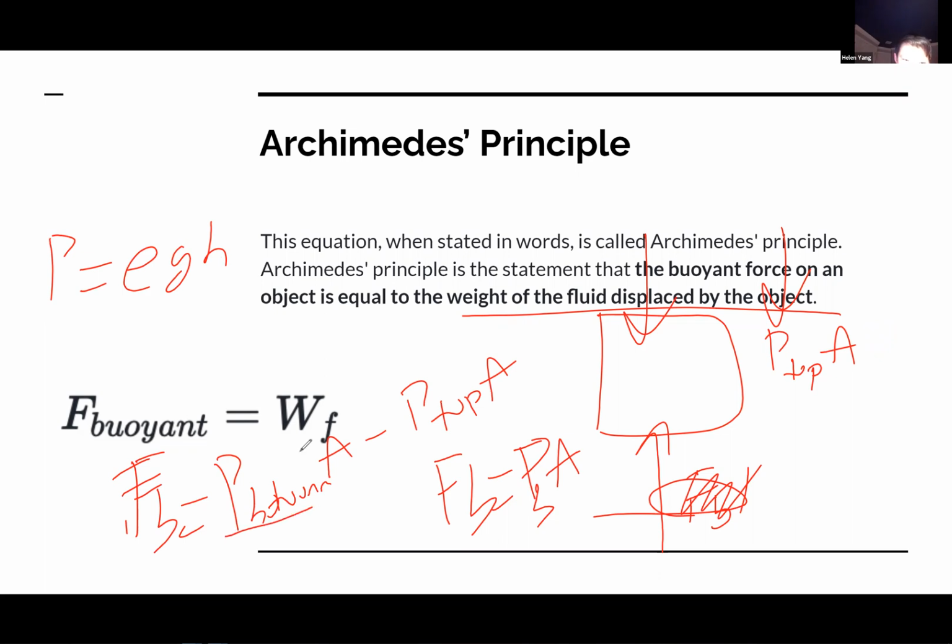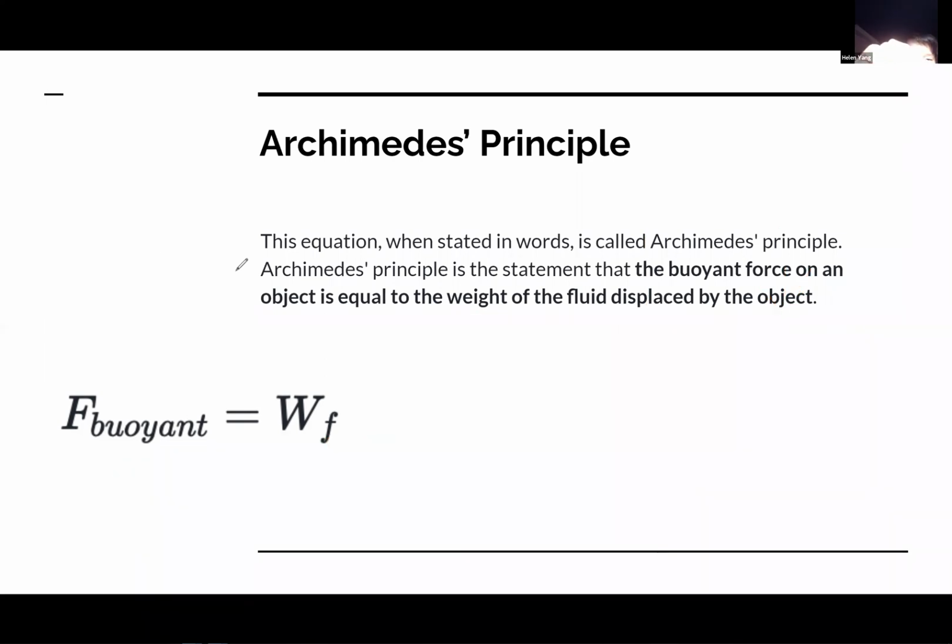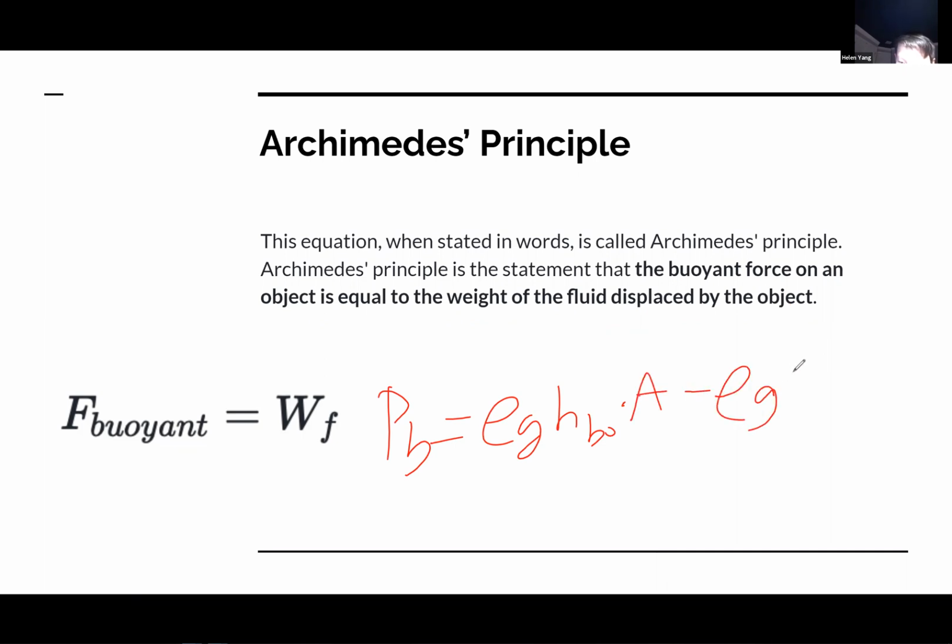So this is basically just the difference between the heights. So it would be rho times g times h bottom times the area minus the top times the area. So you can write everything on one side like this. So that's bottom minus the top.